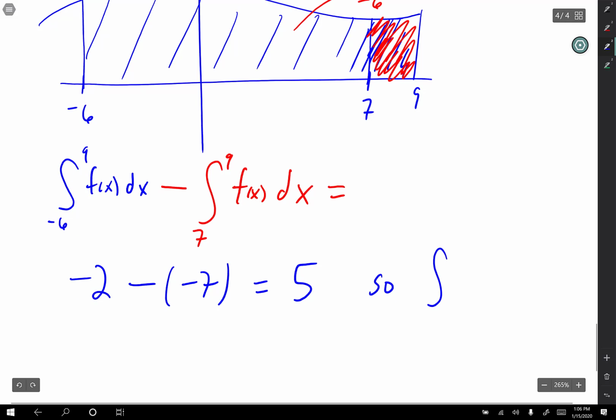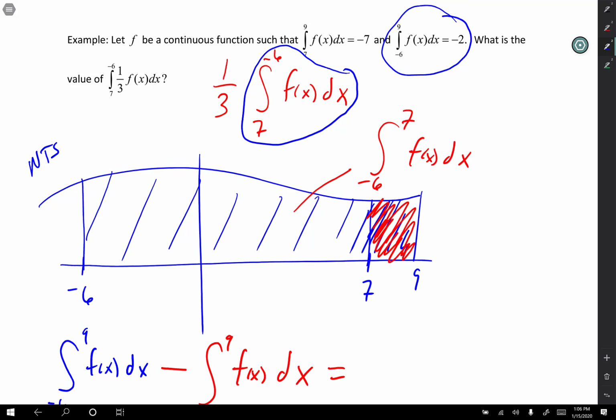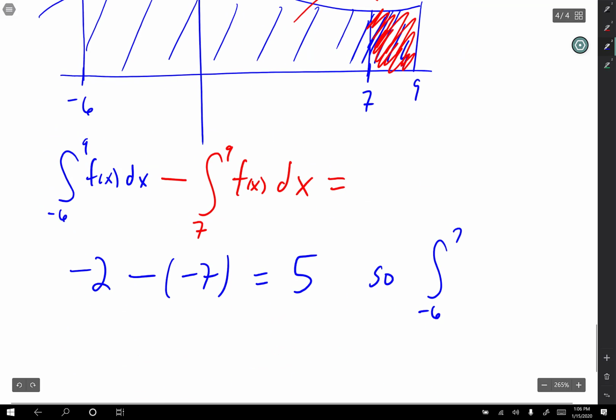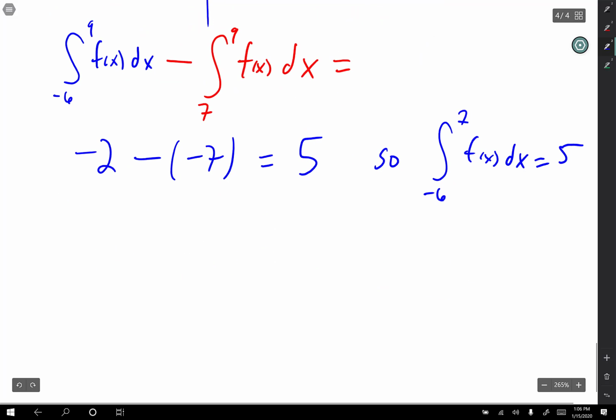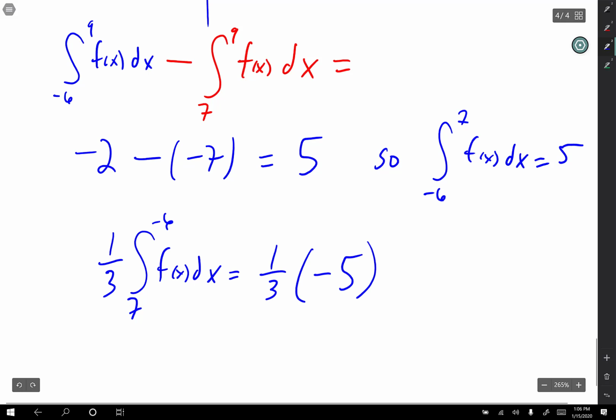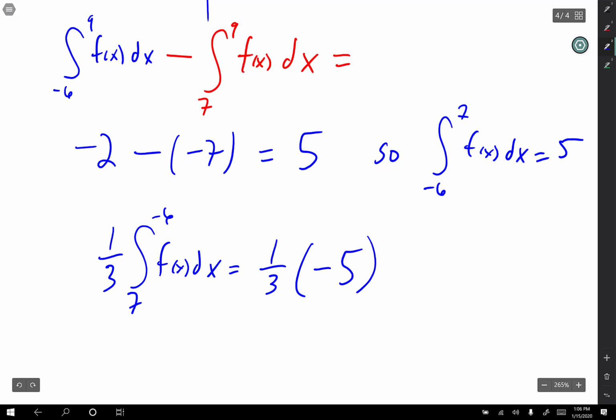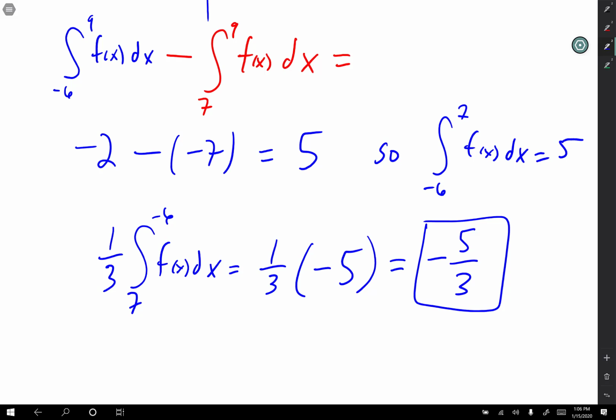So area under the curve from -6 to 7 of this function is simply 5. So then this 1/3 integral 7 to -6 of this function is simply 1/3 times -5. And what's 1/3 times -5? Yeah, -5/3. Don't be scared, guys.